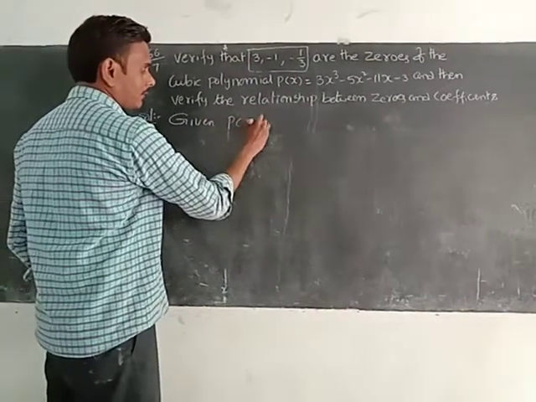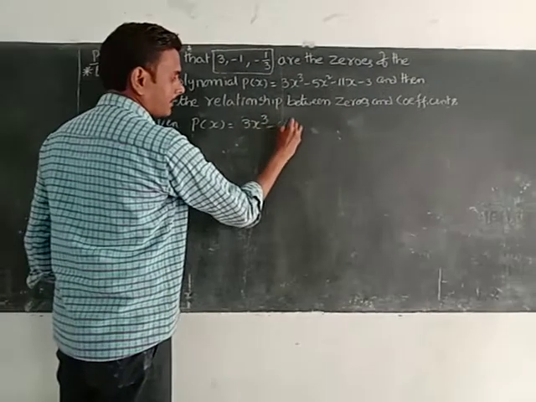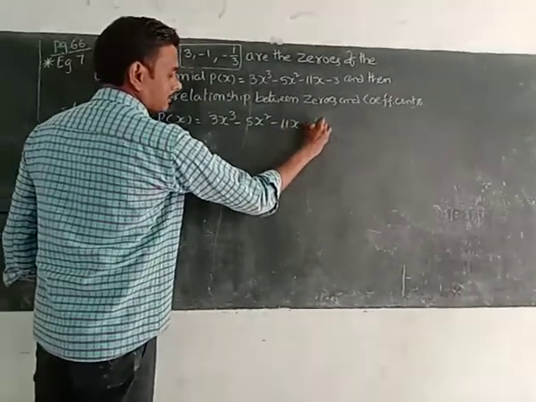Okay, given p of x equal to the cubic polynomial 3x cube minus 5x square minus 11x minus 3.